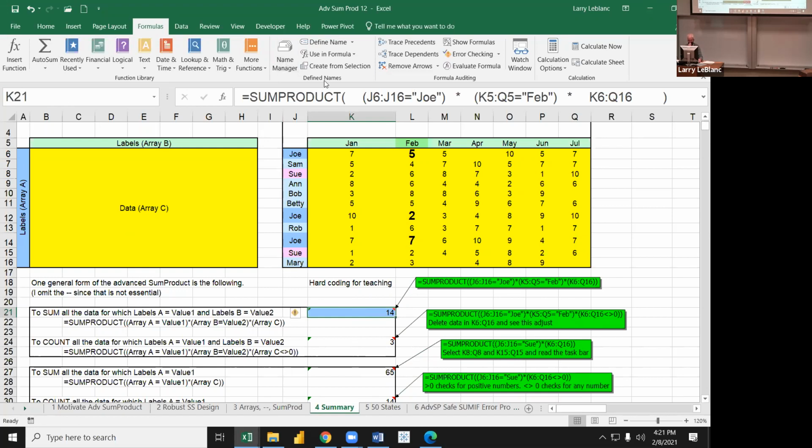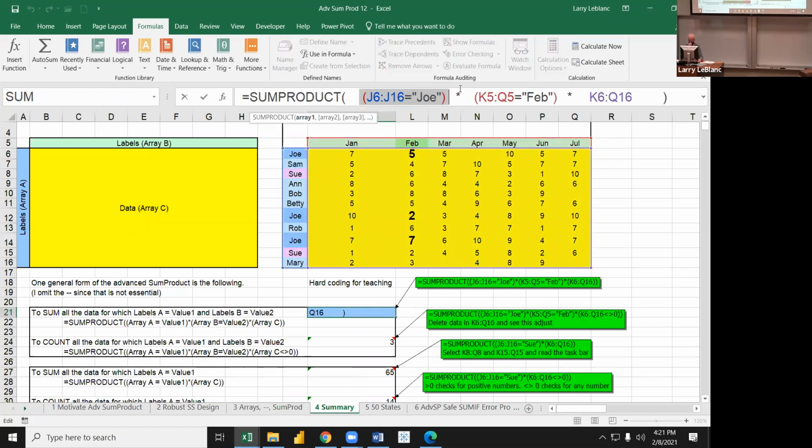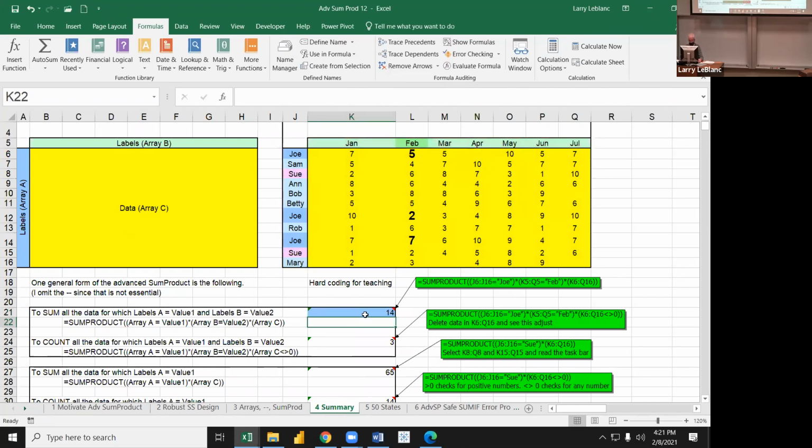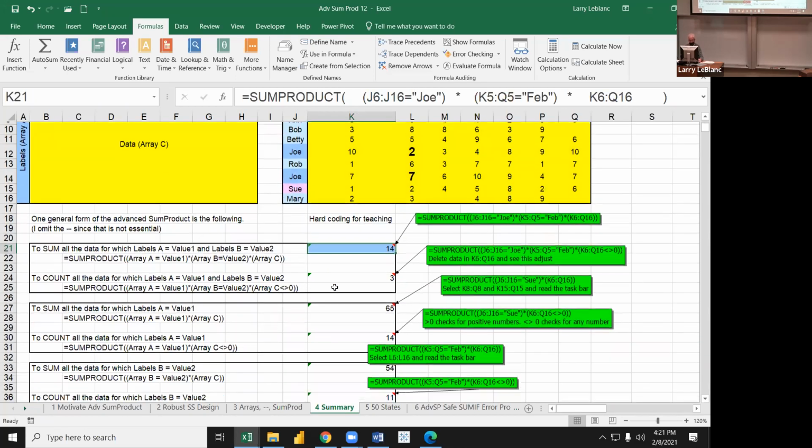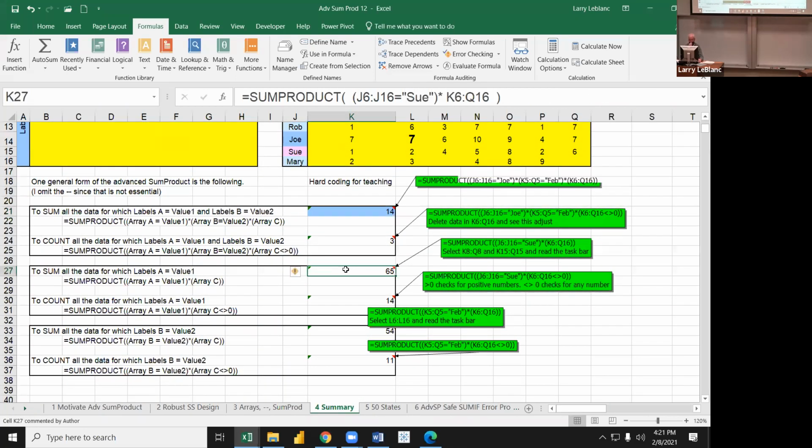The SUMPRODUCT open, and of course close parentheses, labels equals a label, star, parentheses, labels equal label, star, the numbers. Let's look at every second one. In this second block in row 27 through 30, I'm talking about a simpler case where you have only one label to check.